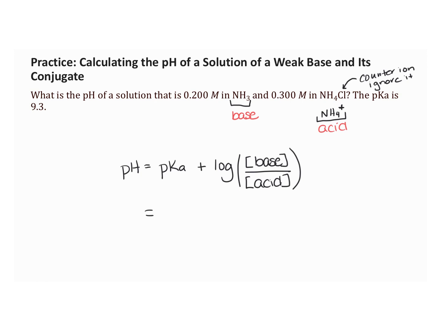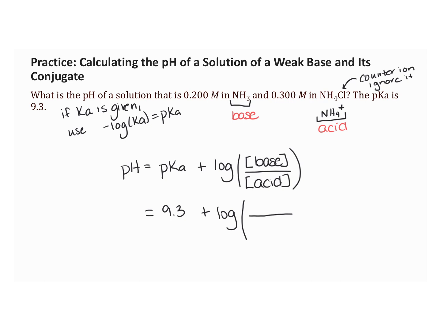Now, to solve a problem like this, the pKa either needs to be given to you, or if the Ka is given, use the negative log of the Ka to get the pKa. So don't forget that. You might have a question that has both of those. And when we come here, we put the base in, that's 0.200 molar, and then we put the acid in, that's 0.300 molar.